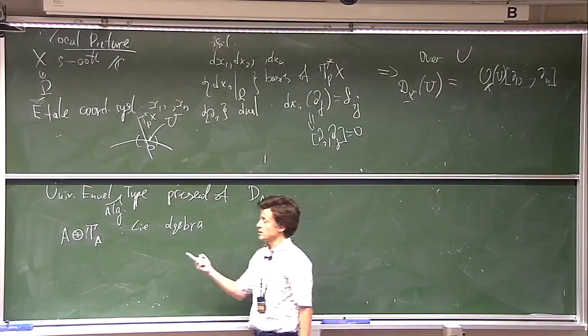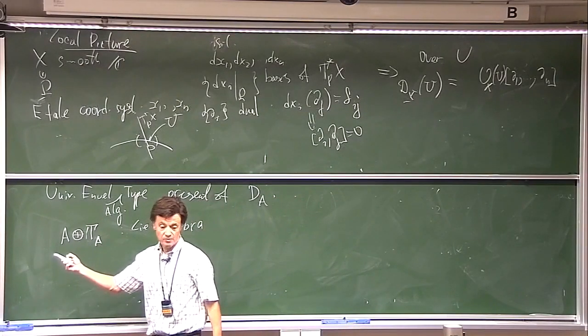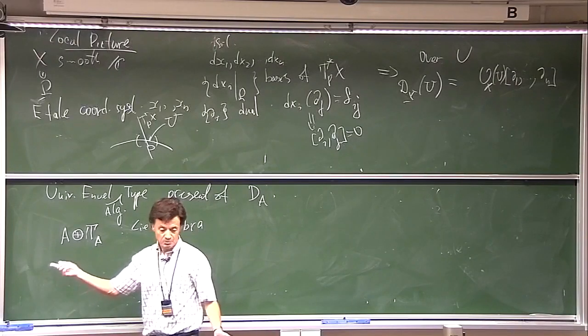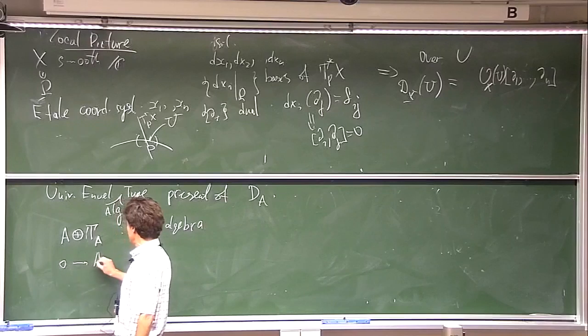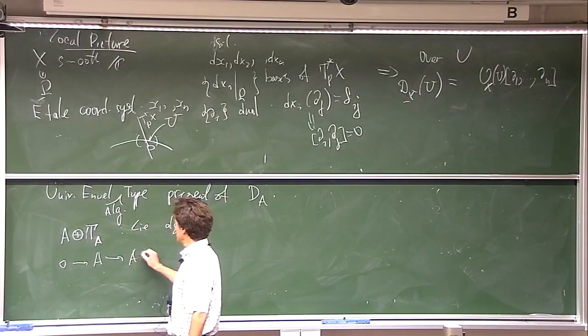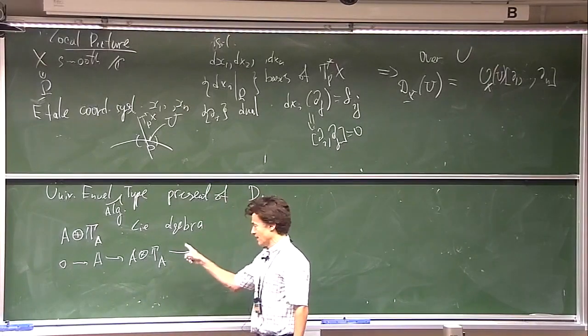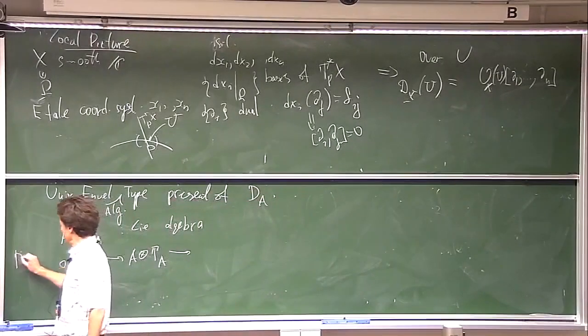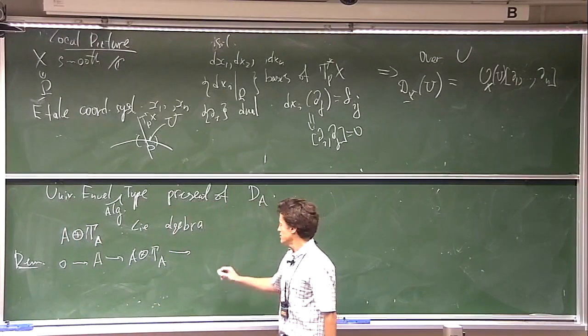You may argue that A isn't. It's a commutative algebra, so it's abelian. What I'm saying is the sequence that we discussed at the beginning, A lies inside A plus T sub A. And I'm about to make a remark that is absolutely obvious, but it's going to be of great importance, as you will see.